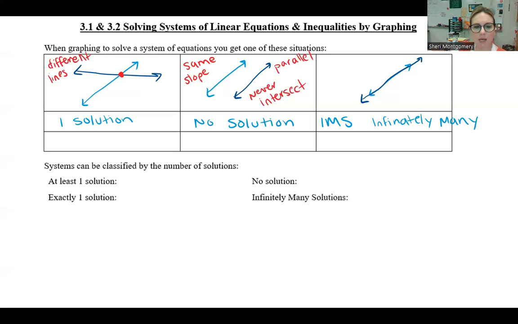And when you have different lines, you get an intersection. At some point, they're going to intersect. It might not intersect in the picture that you have, but they're going to intersect. In the last situation, they are the same line, the same exact equation.